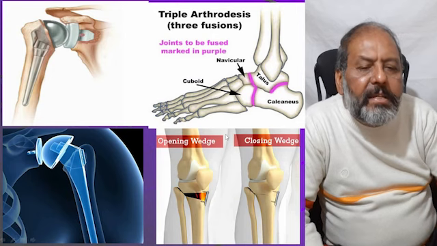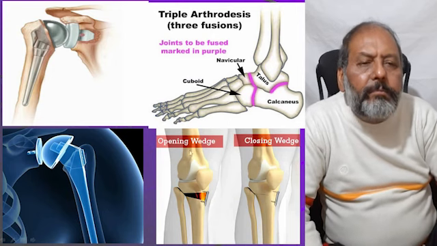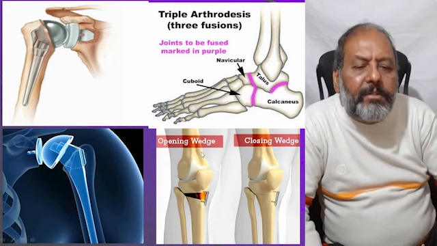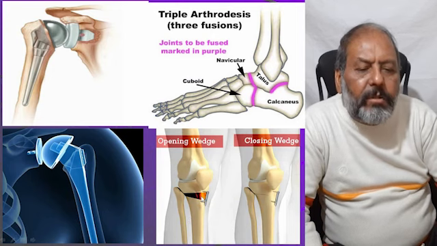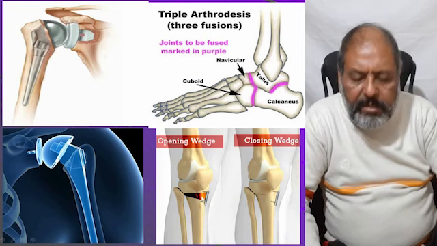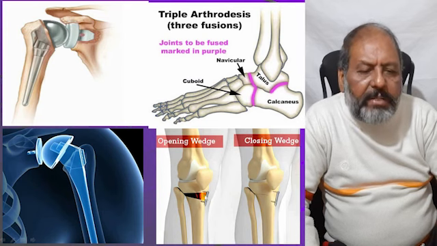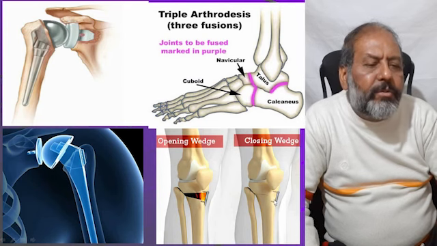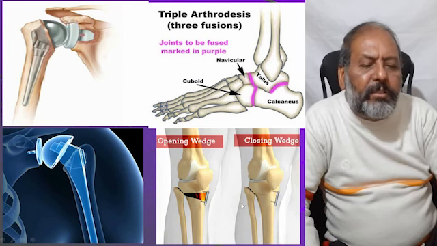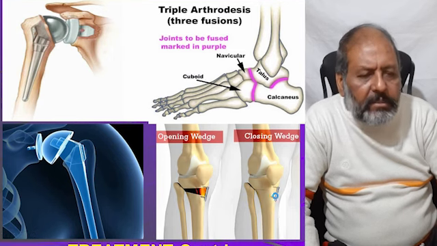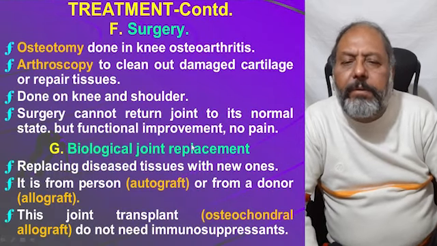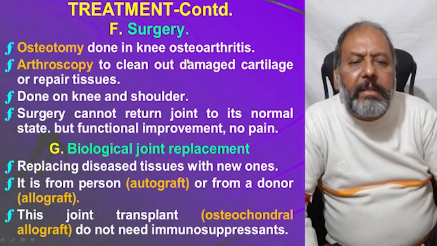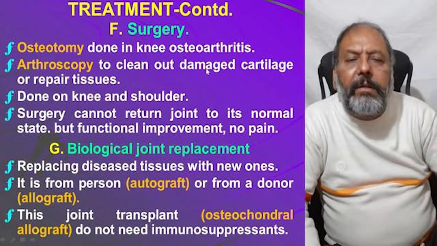Now, there is one more option, that is opening wedge, and there is the closing wedge. One can take the bone as opening wedge, and then we can use the plate by closing the wedge by putting the wedge inside. Now, continuing surgery, osteotomy is done in the knee osteoarthritis.